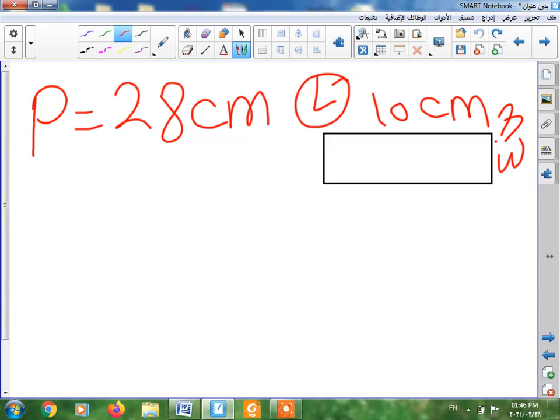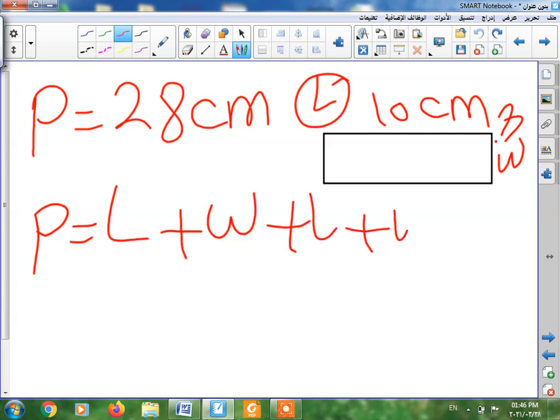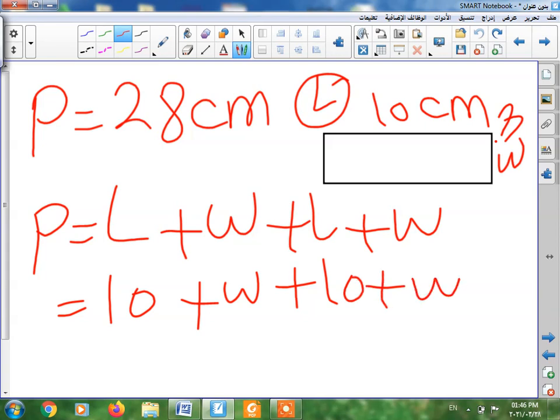What's the equation of the perimeter of a rectangle? Perimeter equal length plus width plus length plus width. Where is the length? 10 plus width plus 10 plus the missing width. 10 plus 10 equal 20.